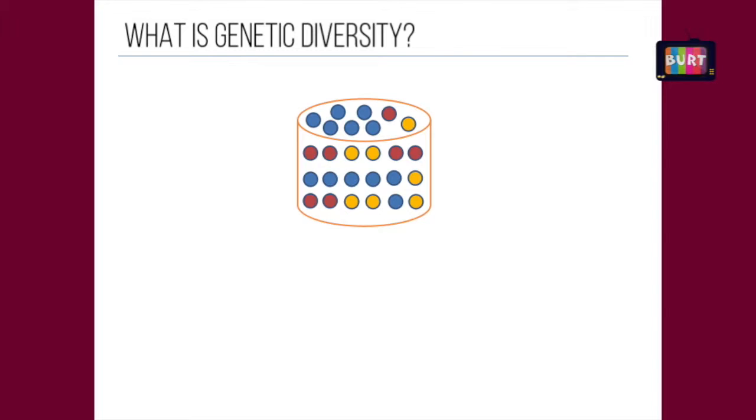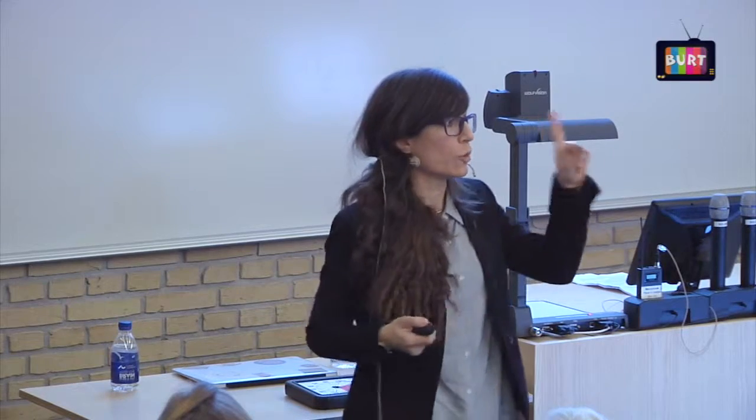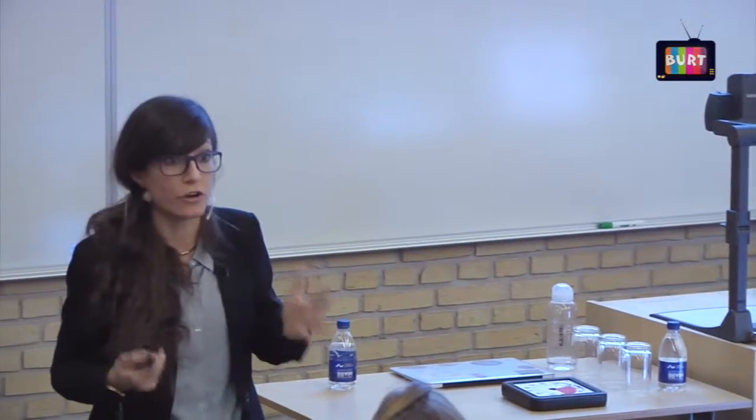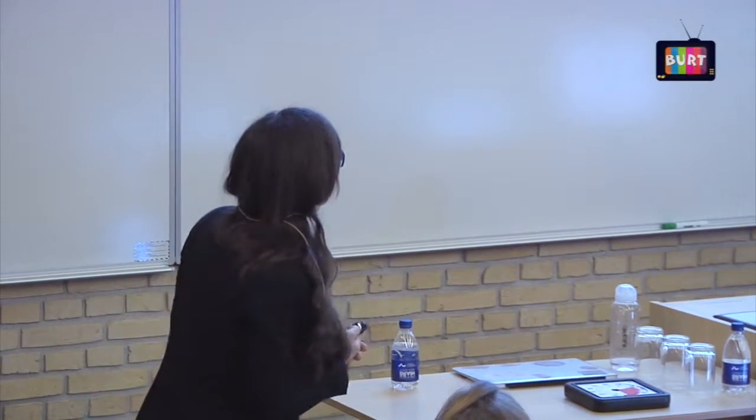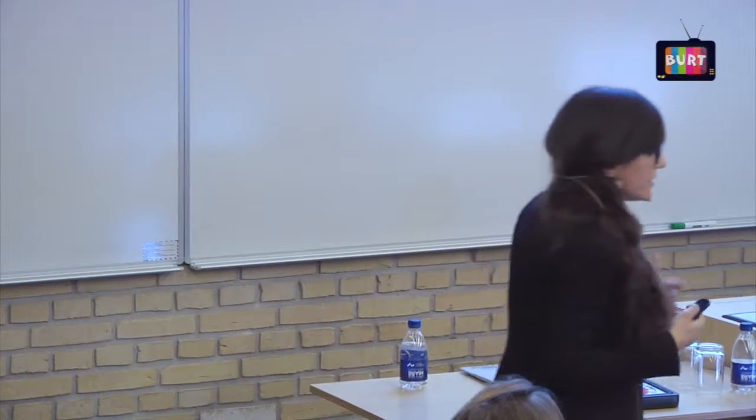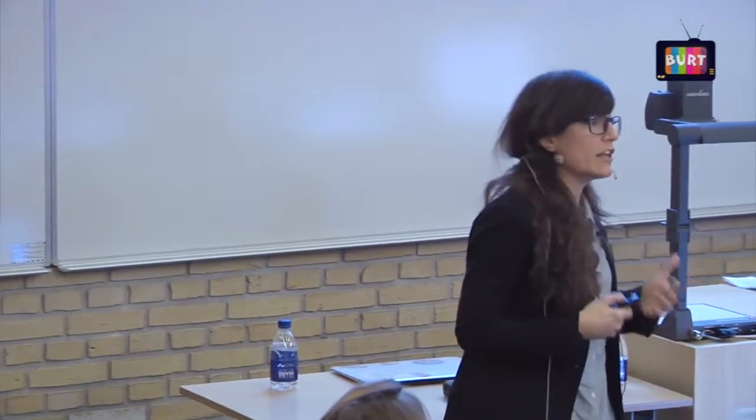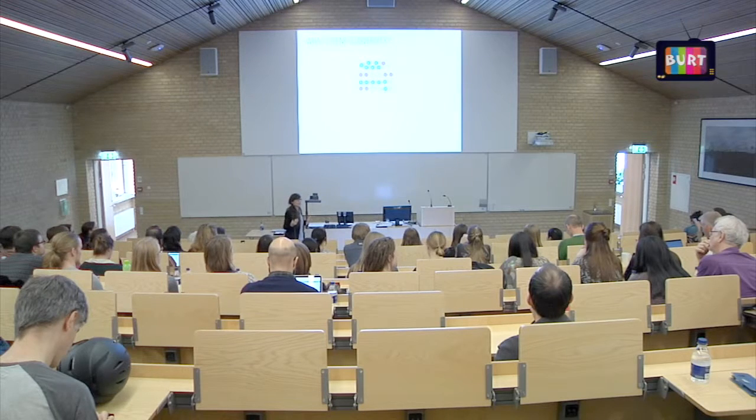Each of the marbles here represents one individual with one gene, and each of the colors and different patterns represents a different version of that gene. Genetic diversity is important because it allows a population to adapt to changes in the environment.